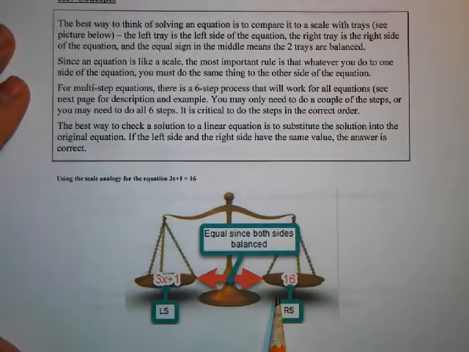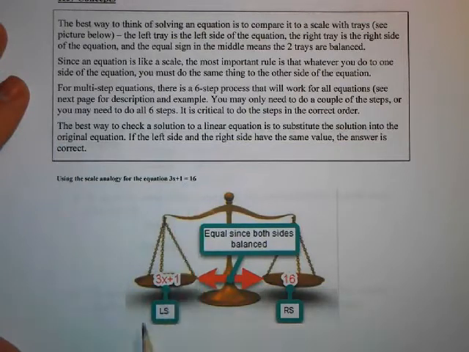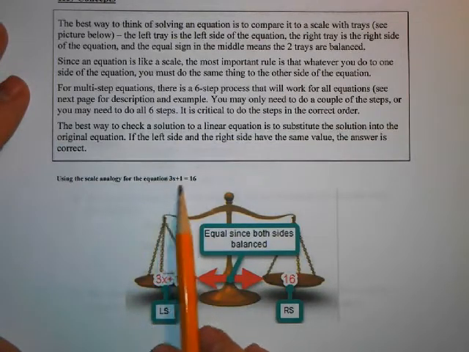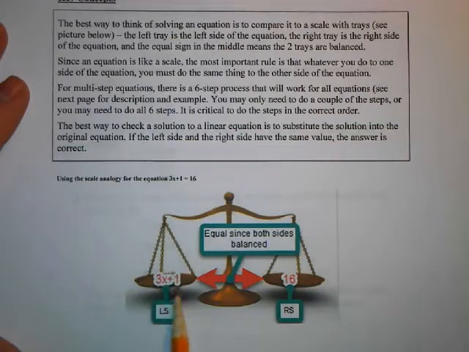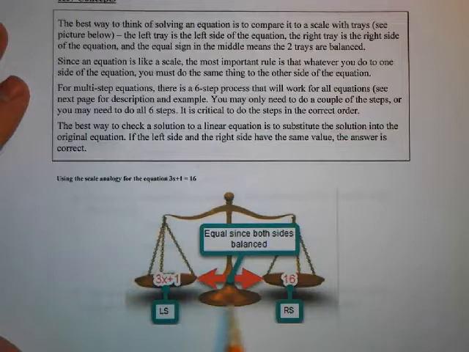So if we look at an equation like 3x plus 1 equals 16, I could take the left side of the equation, 3x plus 1, and put that on the left tray, and on the right side I just have 16, so that goes on the right tray. Since there's an equal sign in between them, that tells you the two sides are equal or balanced.